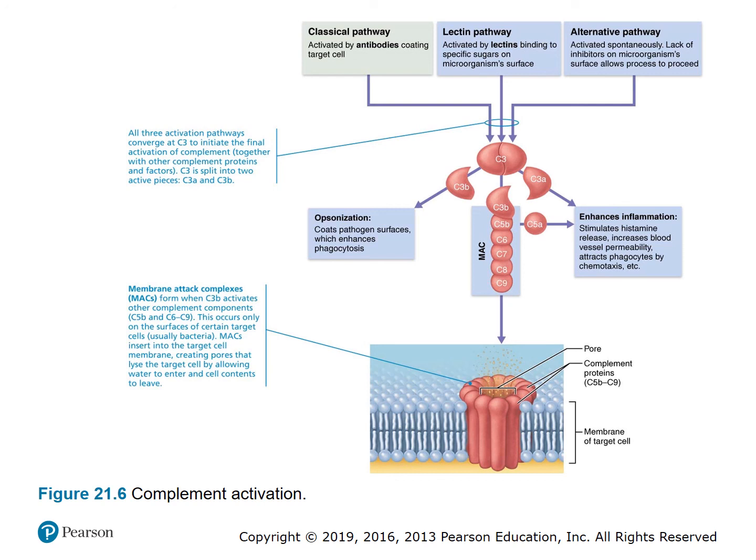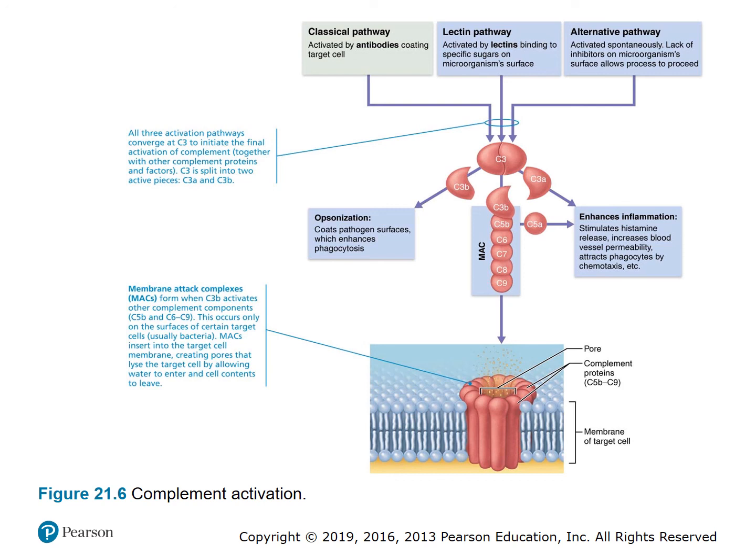C3a instead will stimulate inflammation. So it stimulates histamine release, increased blood vessel permeability, attracts phagocytes by chemotaxis, and so on. All those steps in inflammation. And then there is MAC: membrane attack complexes form when C3b activates other complement components, and this occurs only on the surfaces of certain target cells, usually bacteria.